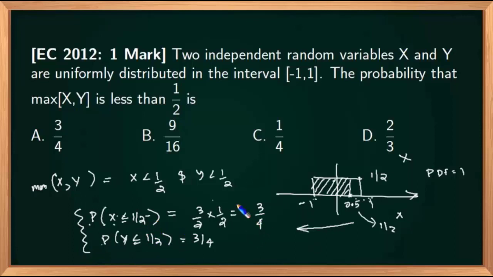Since these two are independent random variables, I have to take the product of the individual probabilities to find the probability of simultaneous occurrence, right? P of x intersection y is P of x into P of y. So when I take the product, 3/4 into 3/4 is 9/16. So my answer must be 9/16.